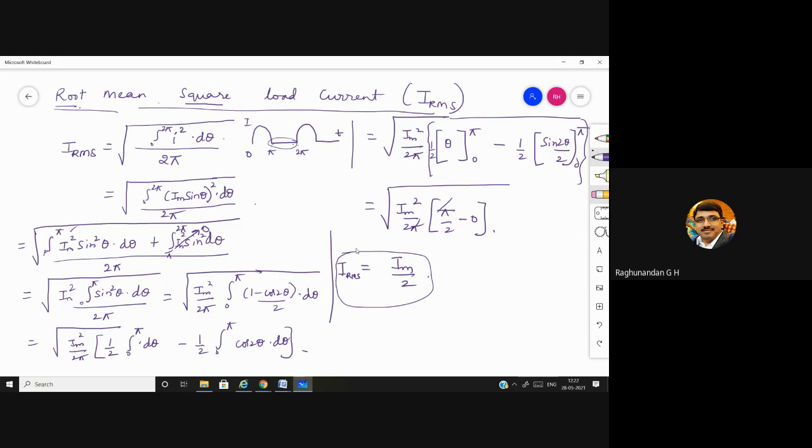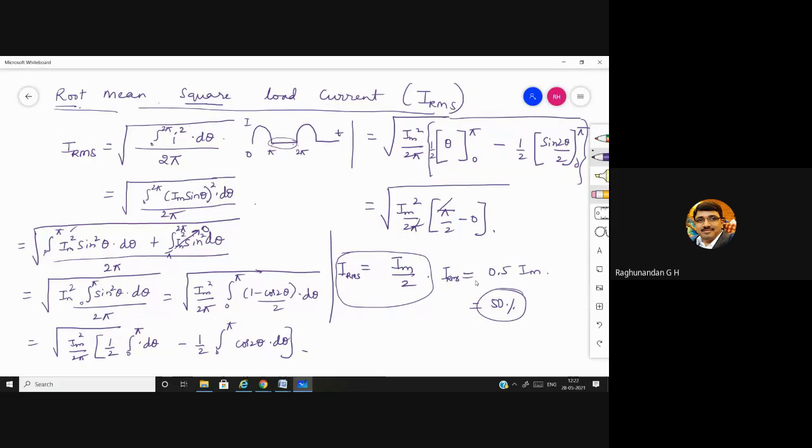See, if you take IRMS, what is 1 by 2? 0.5, right? 0.5 times Im. That means 50%, right? So whatever content we are getting, Im at the output side, in that 50% of the output is AC.